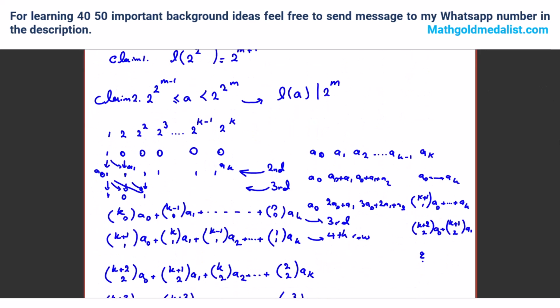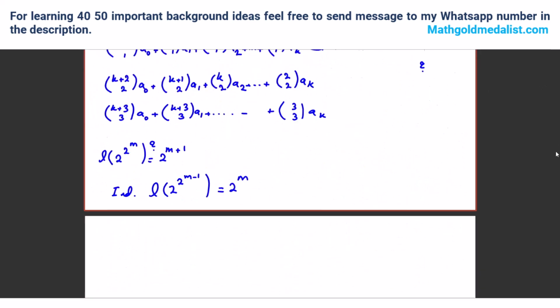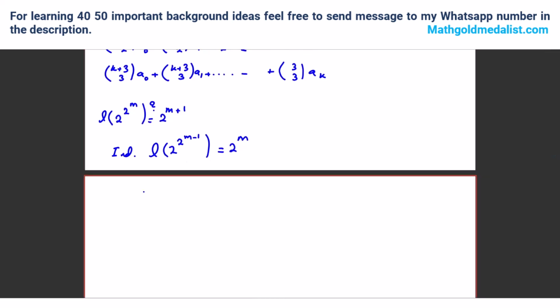It means we should prove that, for example, if it comes the first row, second row, for which number we should consider 2 to the m, right? In the first row, we know it's 0. In the second row, we know all of them are 1.